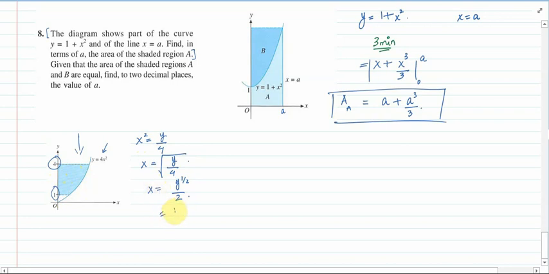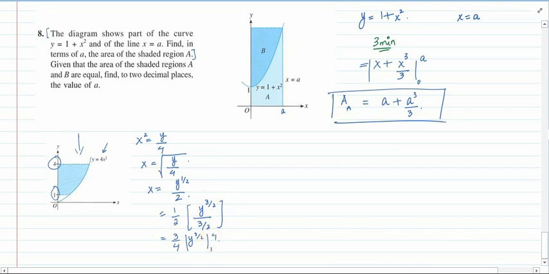So 1 upon 2 as it is. The integral of y, we simply add 1 to the power. So 1 upon 2 plus 1 is 3 upon 2, divided by the whole power 3 upon 2. If you simplify it more, then we need to apply the limits from 1 to 4.